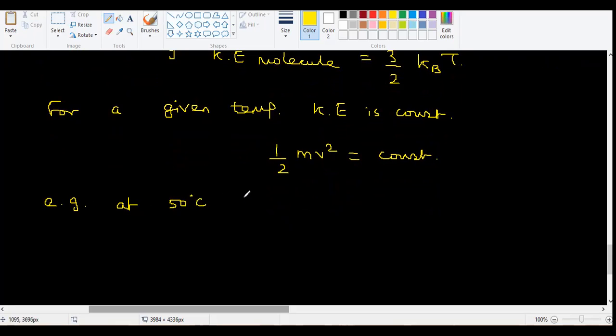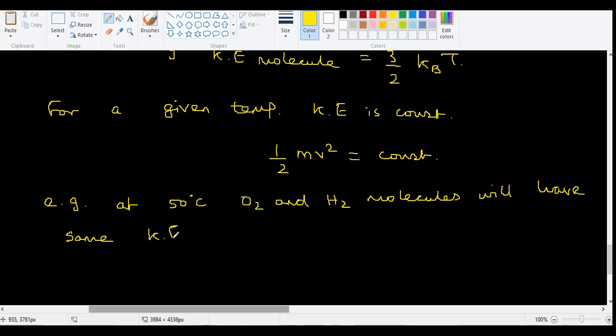At 50 degrees Celsius, oxygen and hydrogen molecules will have the same kinetic energy.